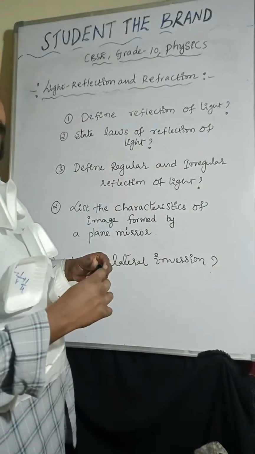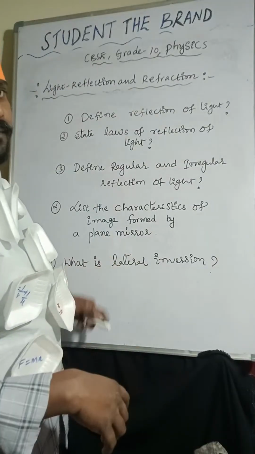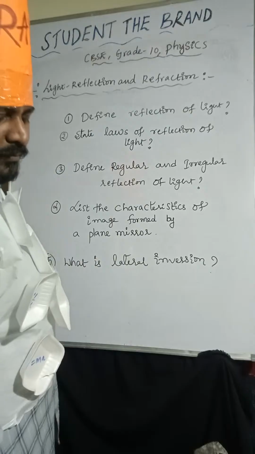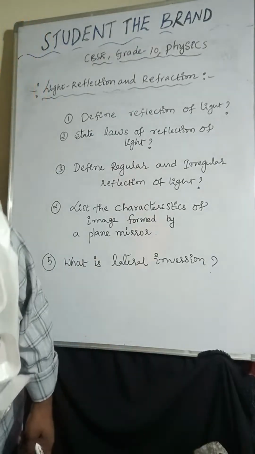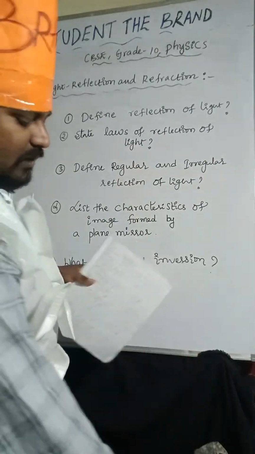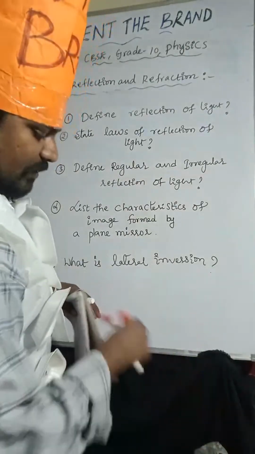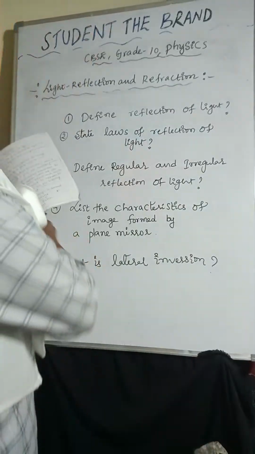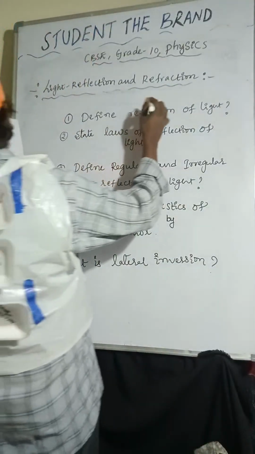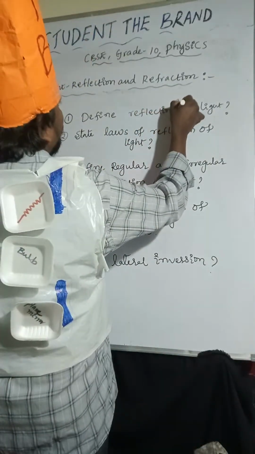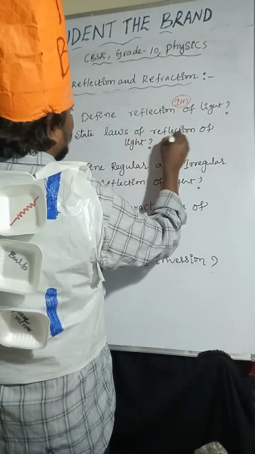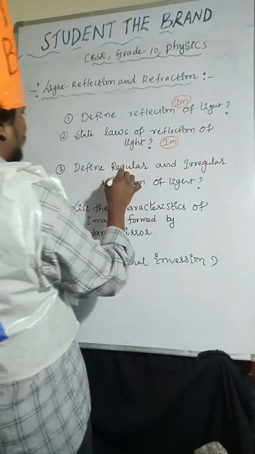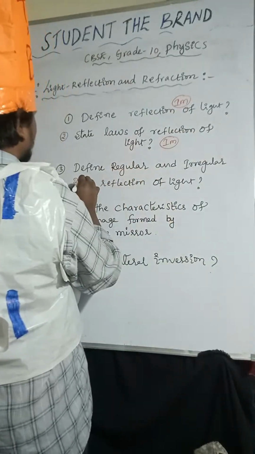So check once now. And marks for these questions: for how many marks will they give it in the exam? That also I'll write. So this is for 1 mark, and this is for 1 mark. And define regular reflection, irregular reflection, 2 marks.